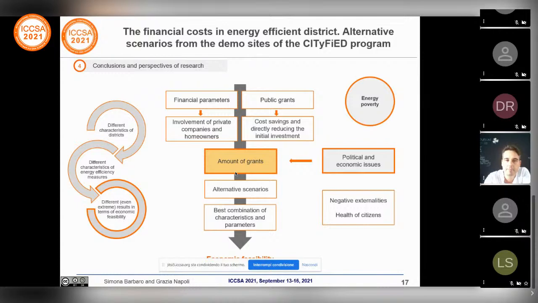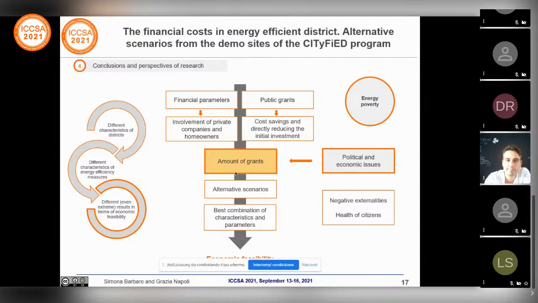Furthermore, financial parameters play a key role in the involvement of private companies and homeowners, and results indicated that the financial cost and the risk sharing influence both the net present value and internal rate of return, although they are not able to radically change the economic performance of a project when it is very bad.